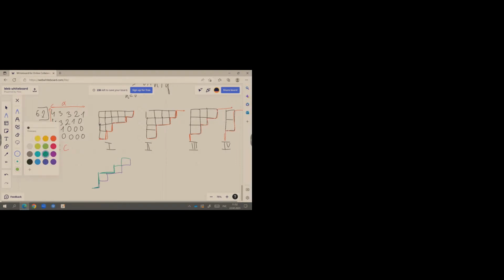The third one like this. And the fourth one like this.